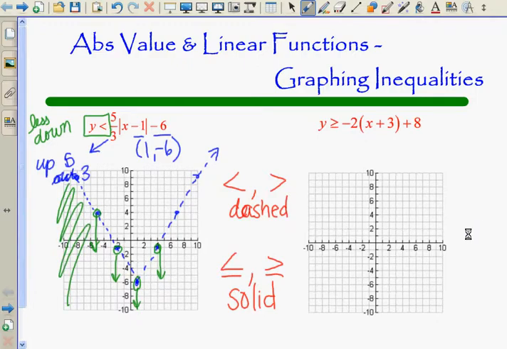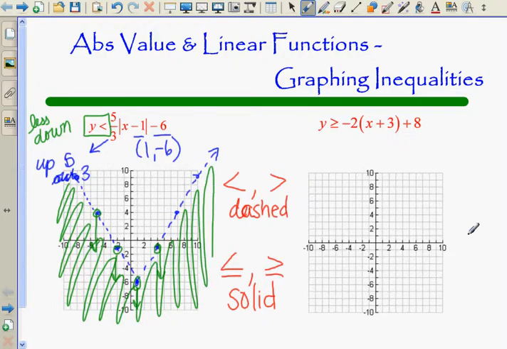And then I know, in case I wasn't sure, that I need to go underneath this absolute value. And that is our inequality. So points that are in the shading but not on the line will satisfy that absolute value inequality if you plug them in. Any points in the shading but not on the absolute value V.